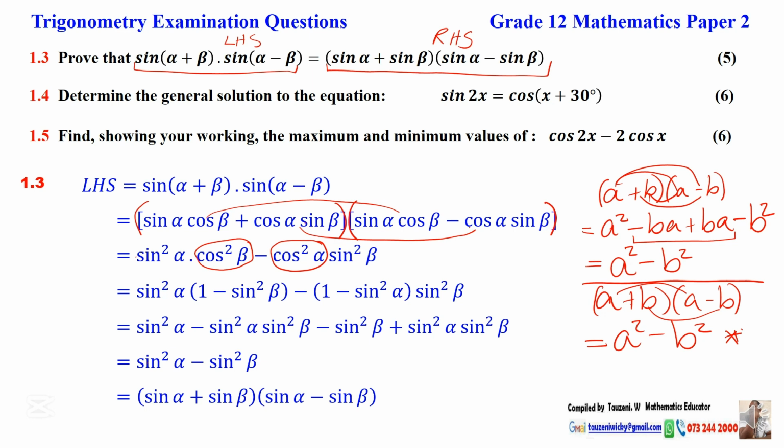That is why I took out this cos squared and replaced it with that expression. Take out this cos squared and replaced it with that expression. Then from there you remove the brackets and simplify and factorize as a difference of two squares. Then your identity is proved.